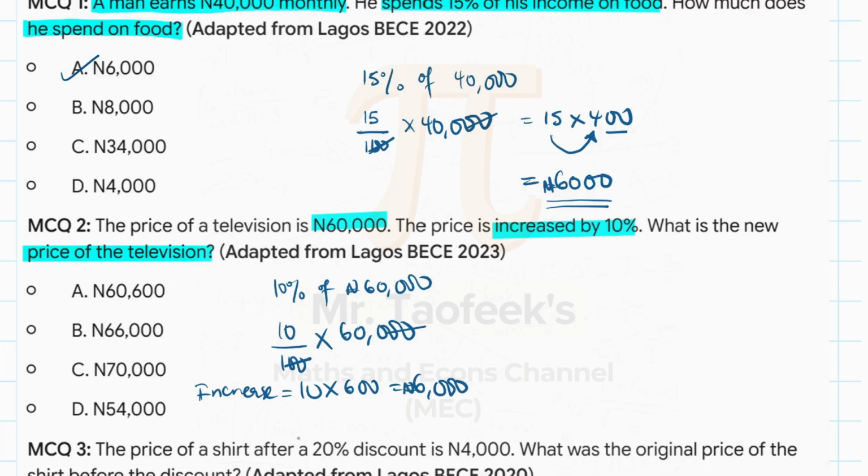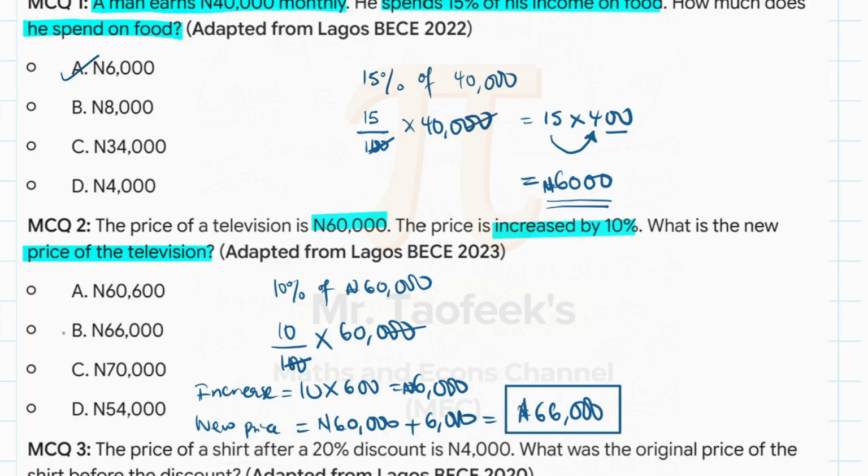Now the new price of the television is going to be the initial price, which is 60,000 naira, plus the value of the increase, which is 6,000 naira, and everything gives us how much? 66,000 naira, and that is the answer. So that is option B.